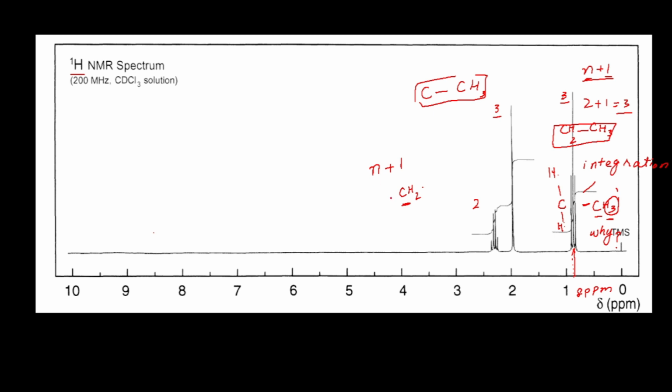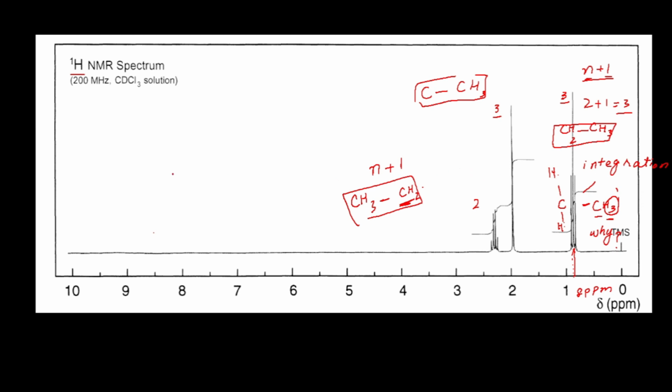It means it contains 3 neighboring protons, as it gives us the quartet. So this is the CH2 group which is attached with the CH3 group. Similarly, this peak also gives us the information about the CH3 group, which is attached with the CH2 group.